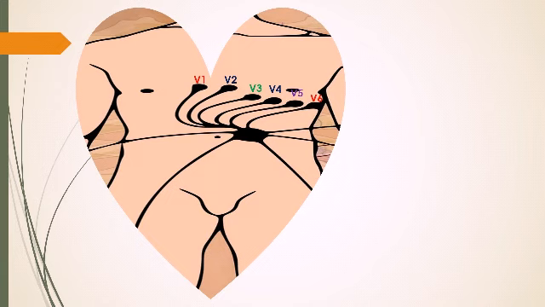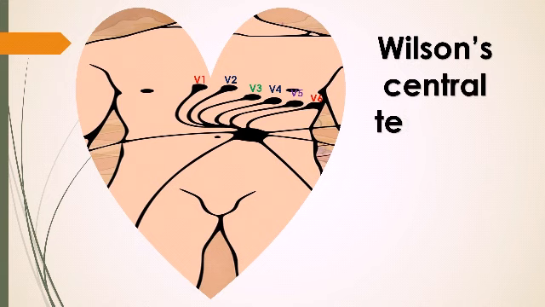Let's take an example. The V1 lead measures the voltage difference between the C1 electrode and the remaining 5 leads, V2, V3, V4, V5, and V6. The center of all the remaining chest leads is called Wilson's central terminal.